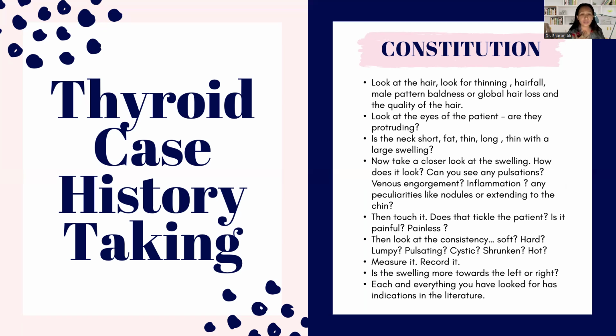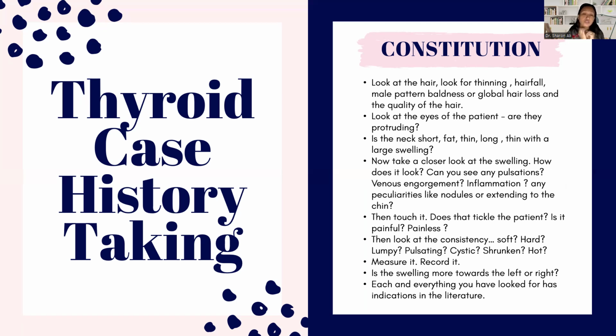Now, in these cases where there is a goiter or a swelling, usually you take a simple measuring tape and measure the thyroid swelling every time. I keep this as a measurement, which we will record so that we can see whether the patient is getting better or worse.